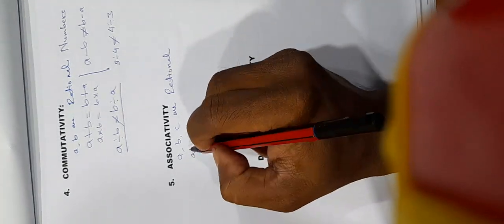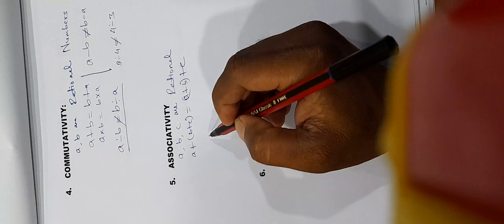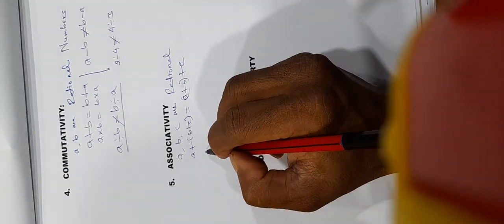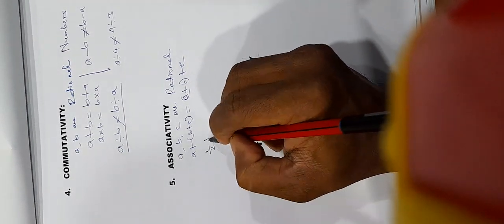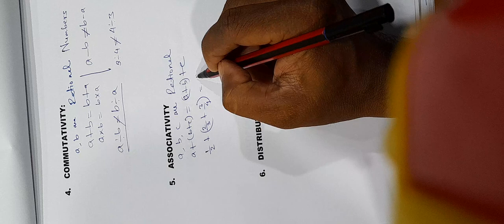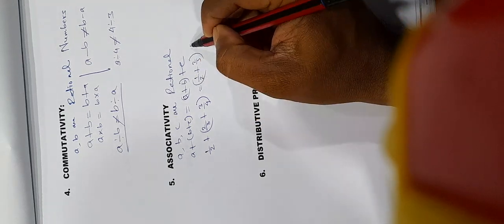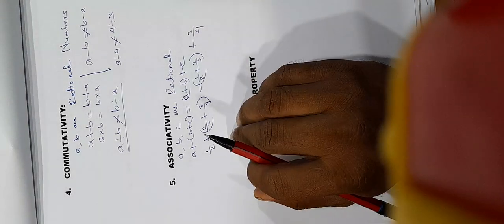Then (a plus b) plus c equals a plus (b plus c), right? Say for example, (1/2 plus 2/3) plus 3/4 equals 1/2 plus (2/3 plus 3/4), right? This is called associativity.